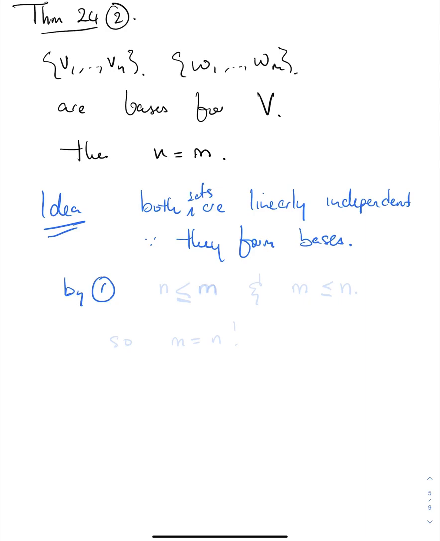And since all of these have to be linearly independent, by 1, n has to be less than or equal to m, because the W's form a spanning set. And so if the V1 through Vn's are going to be linearly independent, they have to be less than or equal to m. But similarly, the other way around, m has to be less than or equal to n. So we get equality. Awesome.